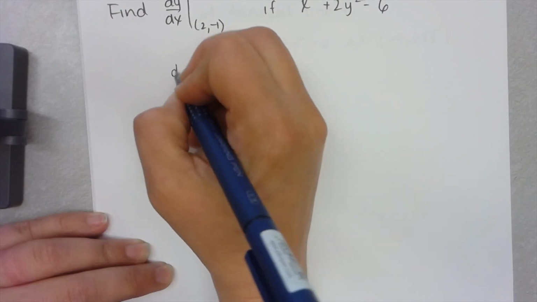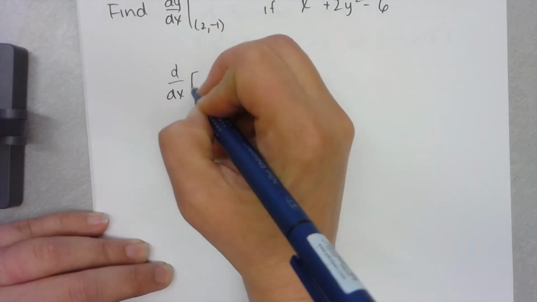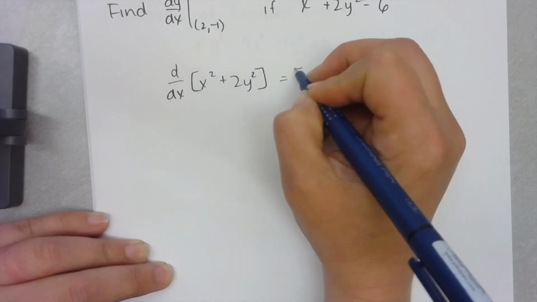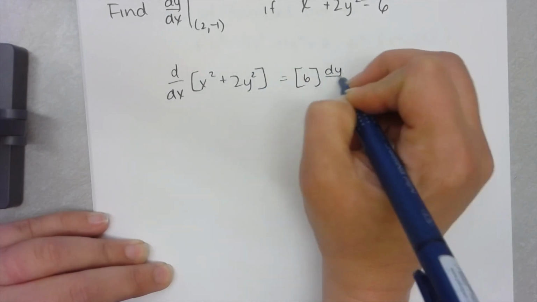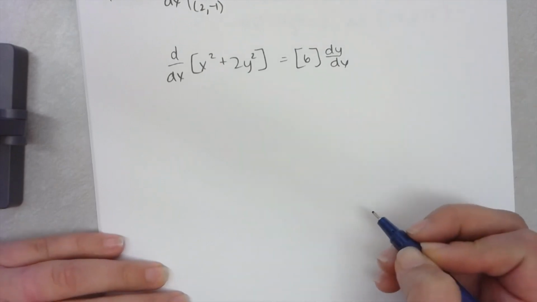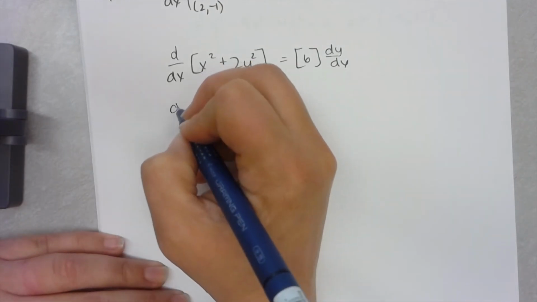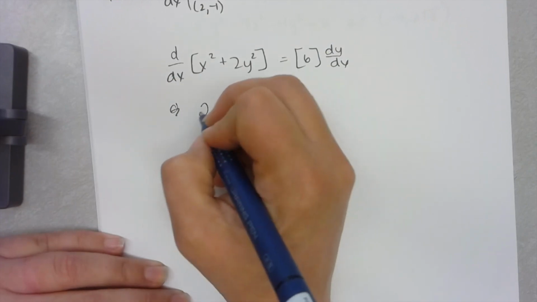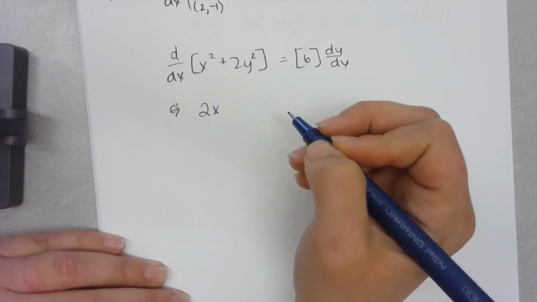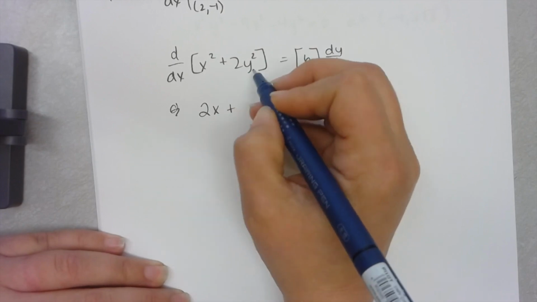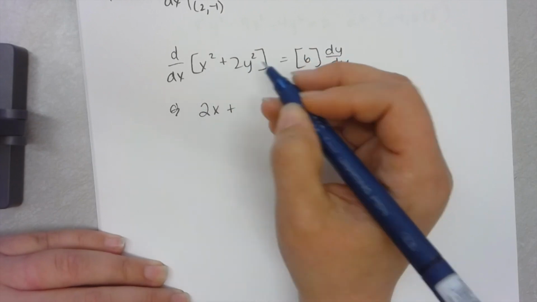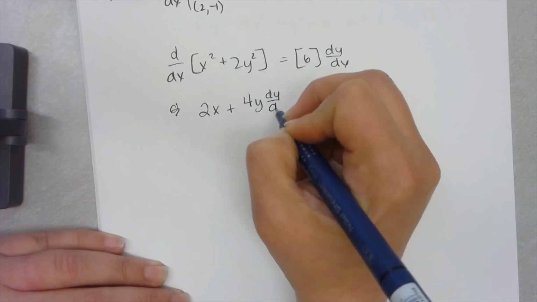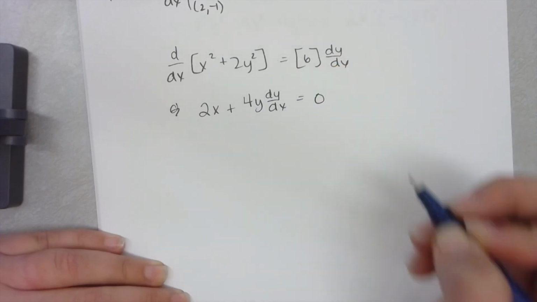So we're going to find dy/dx. My first step is just to take the derivative with respect to x of both sides, so I'm just writing that. Now I'm going to actually do the derivative with respect to x. So 2x, my variables agree, so this is good. Plus now I have y, which doesn't agree with the x, so this is 4y dy/dx equals 0.